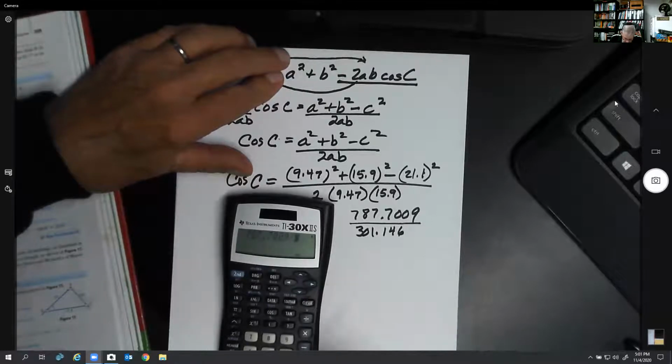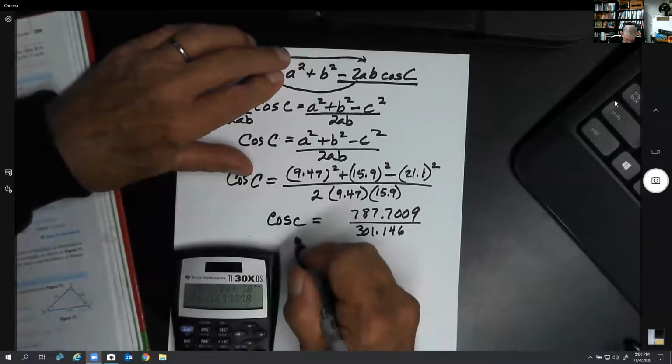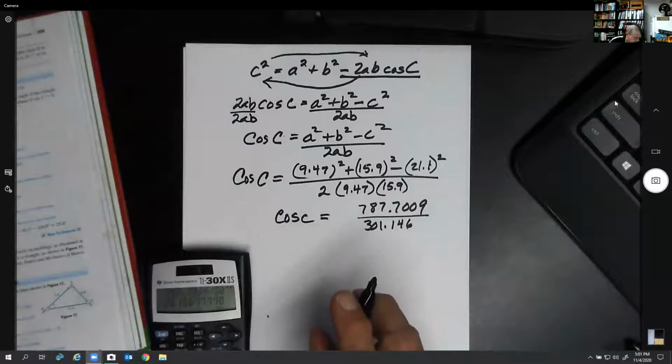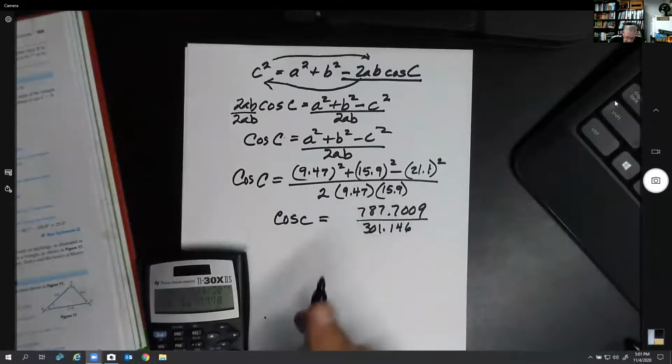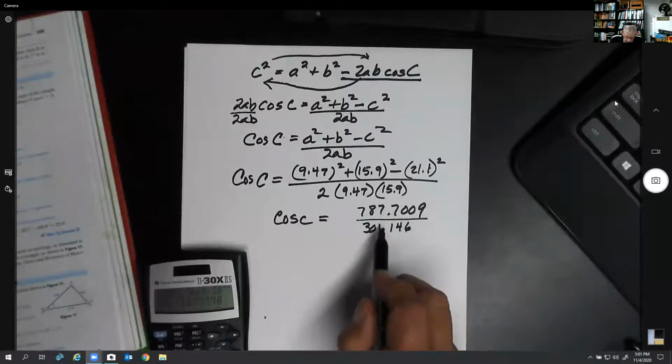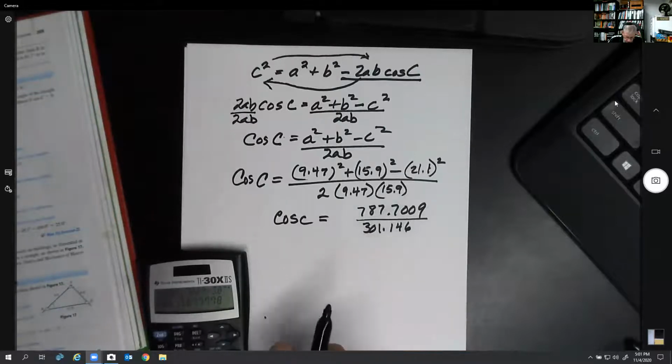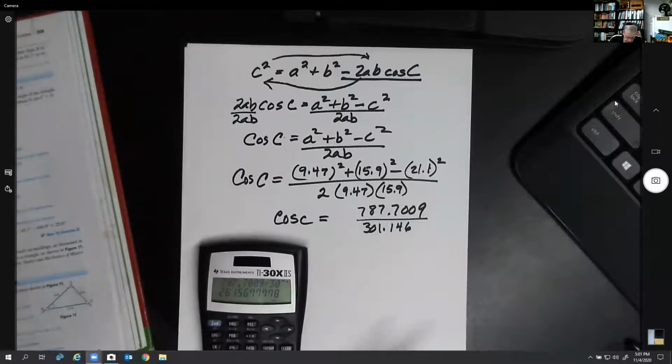787.7009 divided by 301.146 equals. Seems off. Something's wrong, because this should come out to a value that's smaller than 2. I think I see my mistake.